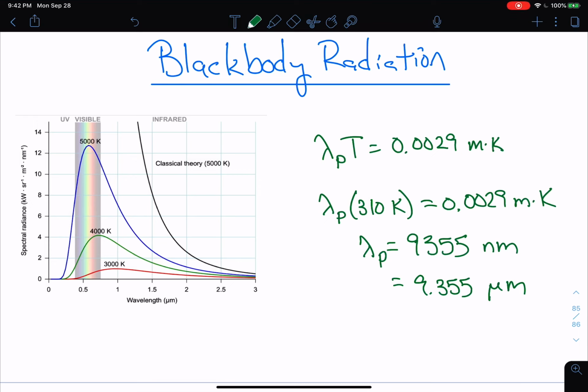Okay, so if I'm looking at this graph, you can see here's 1.5, 2, 2.3. 9 is going to be somewhere way over here. And it turns out infrared goes out quite a ways. This is infrared. We do not emit much visible light, but we do emit infrared.